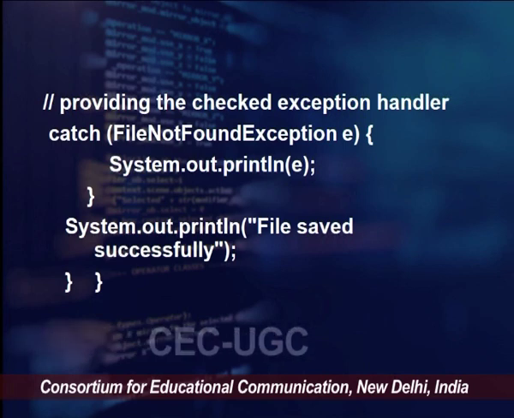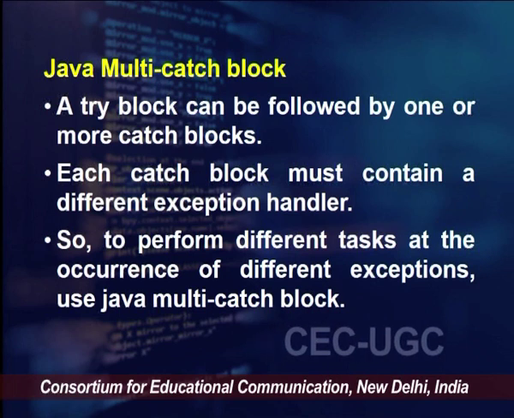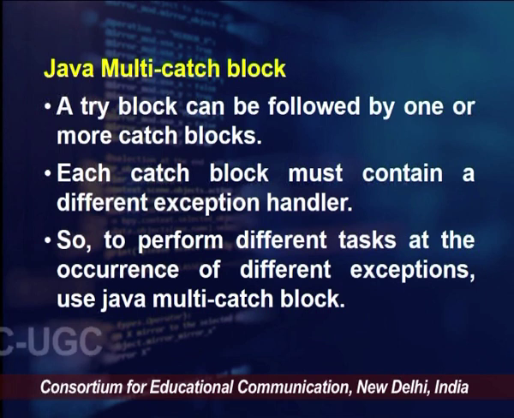In our previous lecture I also told you that along with the try block there can be multiple catch blocks, that is, a try block can be followed by one or more catch blocks. Each catch block must contain a different exception handler.